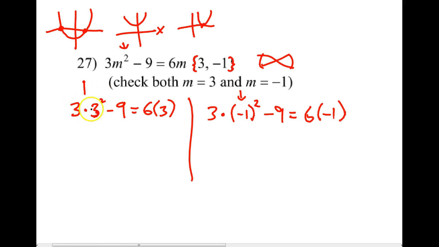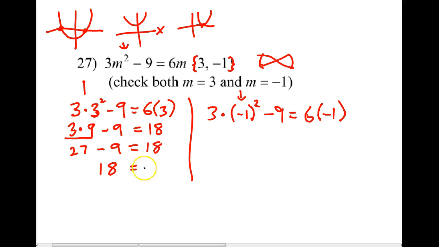Order of operations, do those exponents first. So I'm going to do 3 times 9 minus 9. Does that equal 18? 27 minus 9? Yeah, that's 18. 27 minus 9 is 18. So for sure, 3 is a solution.